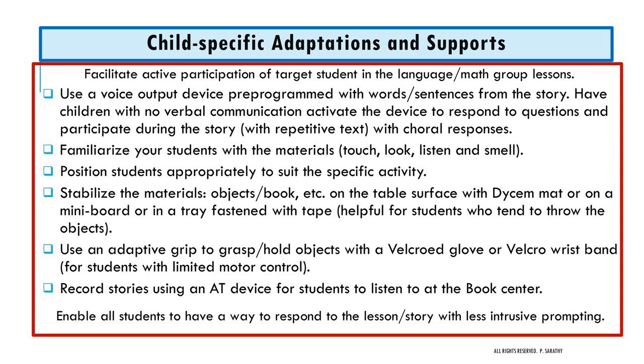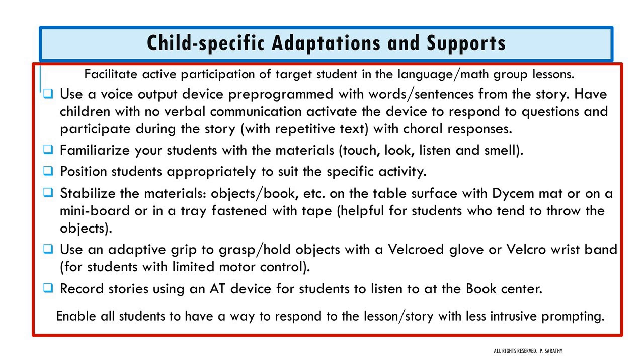As a matter of fact, this student that I observed was sitting in a wheelchair and the table was at the right height, and the wheelchair was at a lower level. She was able to use the table, but the material that she was using, the eye gaze board, was continuously moving. If only they had used a Dycem mat to stabilize that, it would not move.